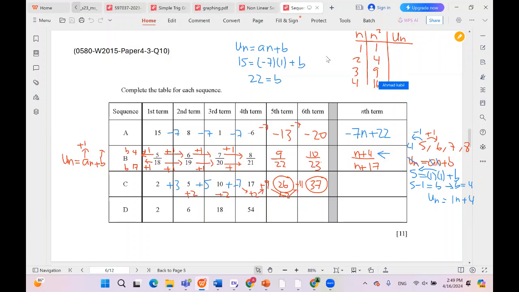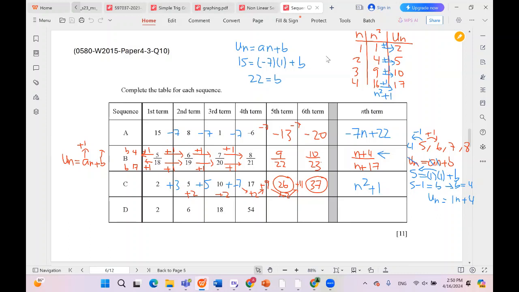We have here 2, 5, 10, 17. We want to assess the relationship between n squared and un. You can see here that it's always plus 1, plus 1, plus 1, plus 1. So the expression for un is simply n squared plus 1. So we have here n squared plus 1 as a final answer.